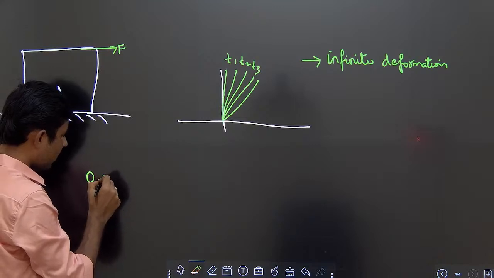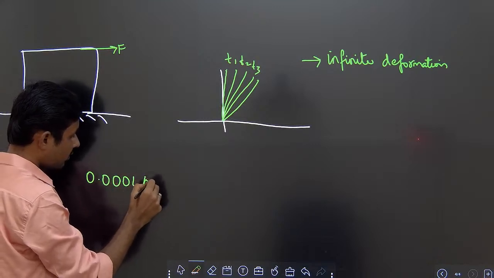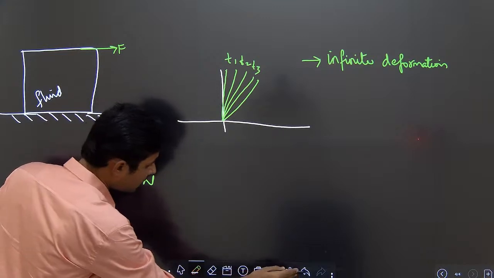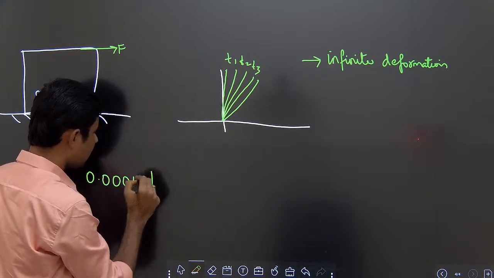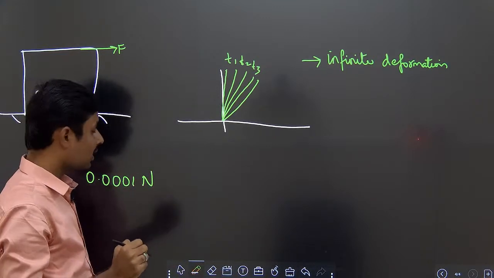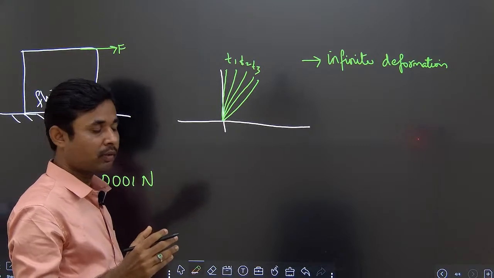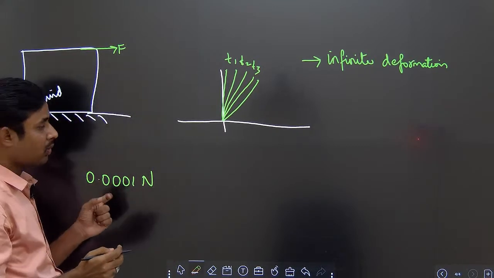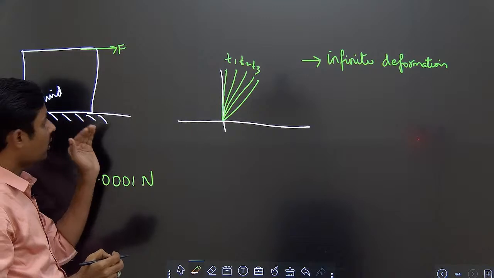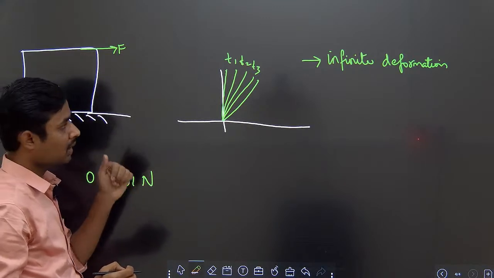Even if you apply 0.001 Newton force, the fluid starts deforming. It doesn't require a high amount of force. Even a small amount of force applied on the fluid, it will start deforming.